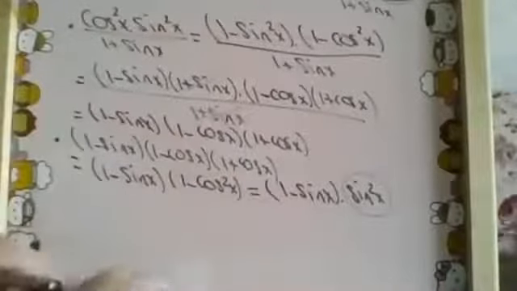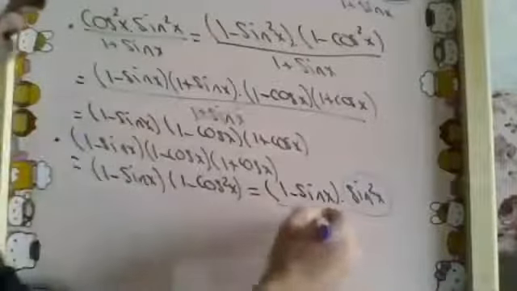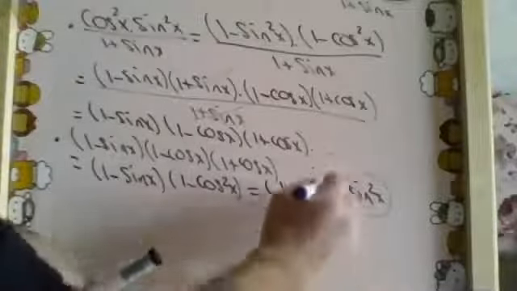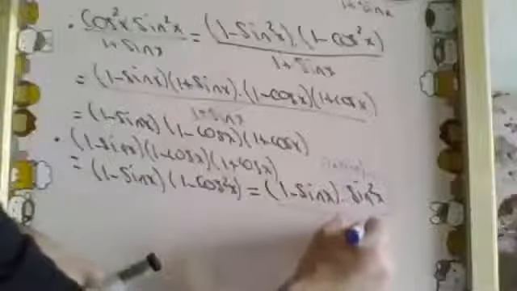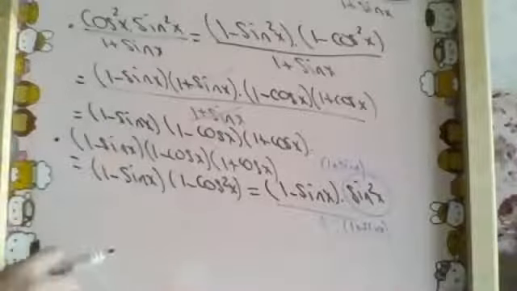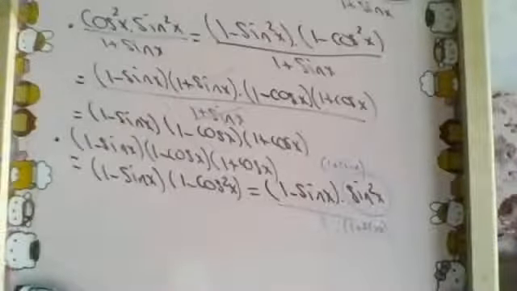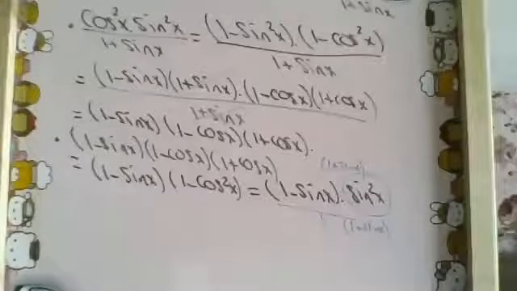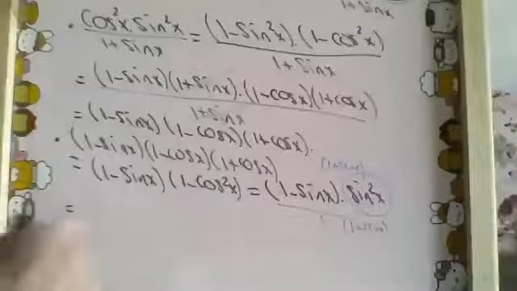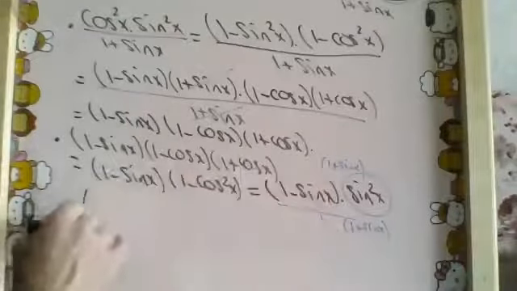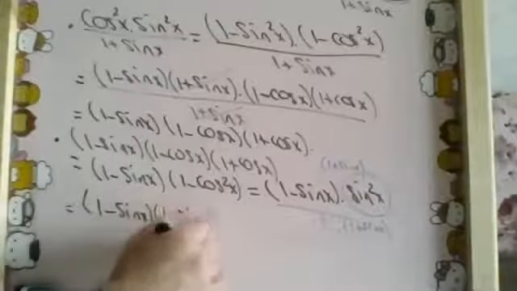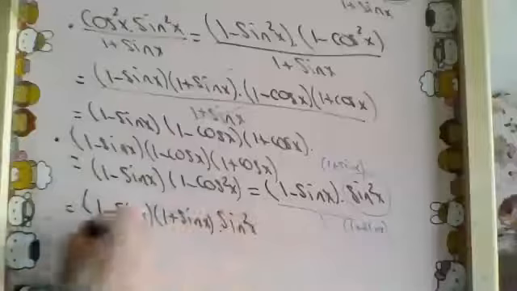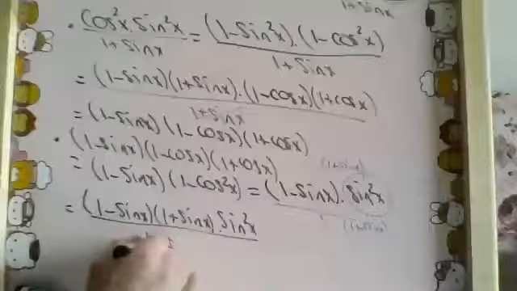So what do I do? We put it over 1 and multiply both the numerator and the denominator by 1 plus sine x. So it is equal to 1 minus sine x into 1 plus sine x, times sine squared x, over 1 plus sine x.